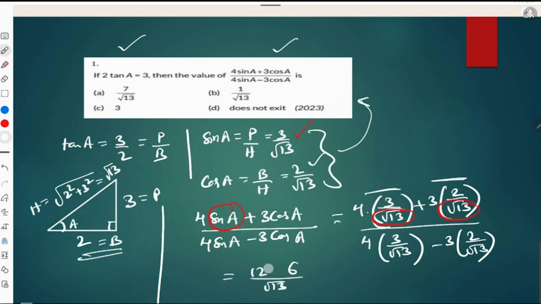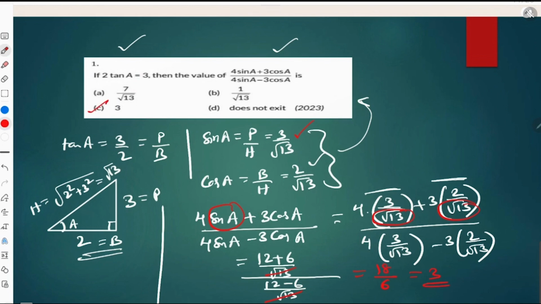And 12 plus 6 by root 30, whole divided by, here 4 3 is 12, minus 6 by root 30. So here, the denominator root 30 gets cancelled. So it comes out to be 12 plus 6, 18, divided by 12 minus 6, 6. That is 3. So the value of this expression is 3.